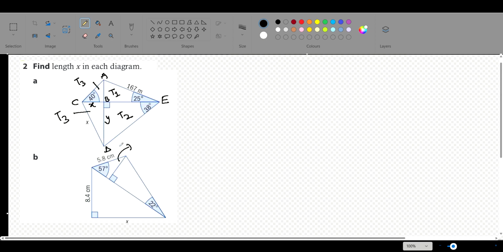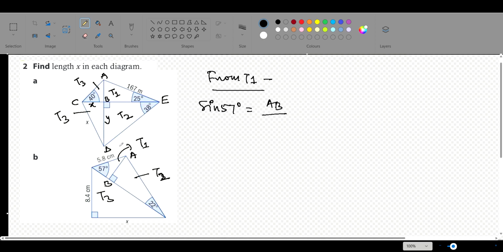Let's again label it. This is T1, T2, and this as T3. So from T1, I'm going to get this vertical height, which is sine 57 degree is equal to AB upon 5.8.